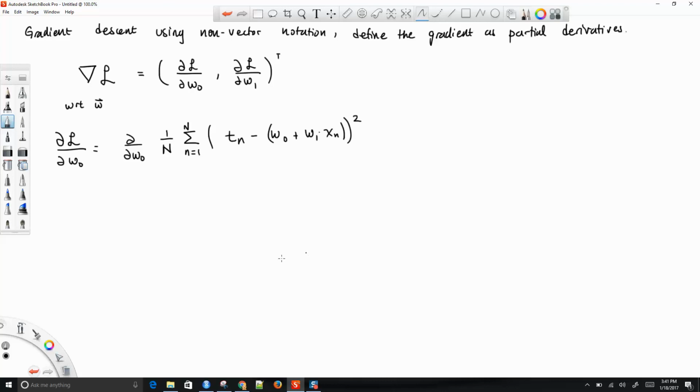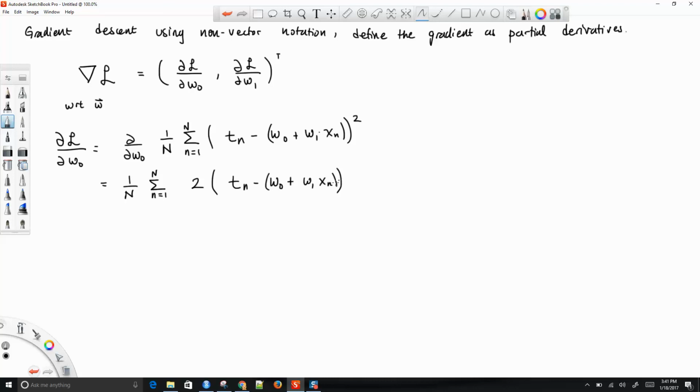When I take the partial with respect to W0, this is really just an application of the chain rule, and the derivative of a sum is the sum of the derivatives. So I'm going to just take this out, and applying the chain rule, I have 2 times t_n minus (W0 plus W1 x_n).